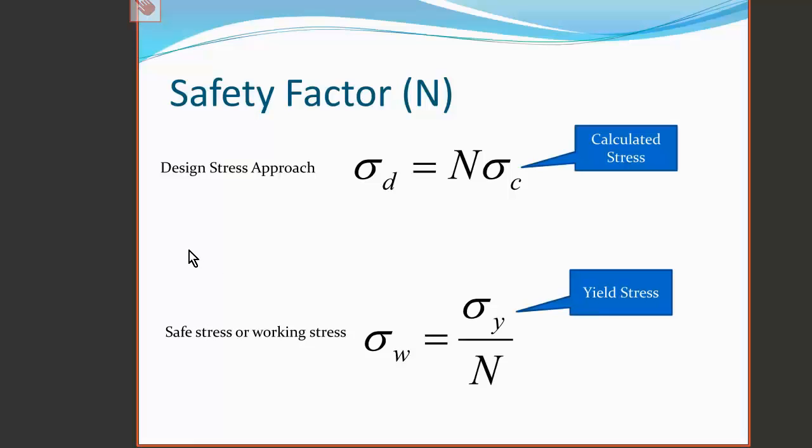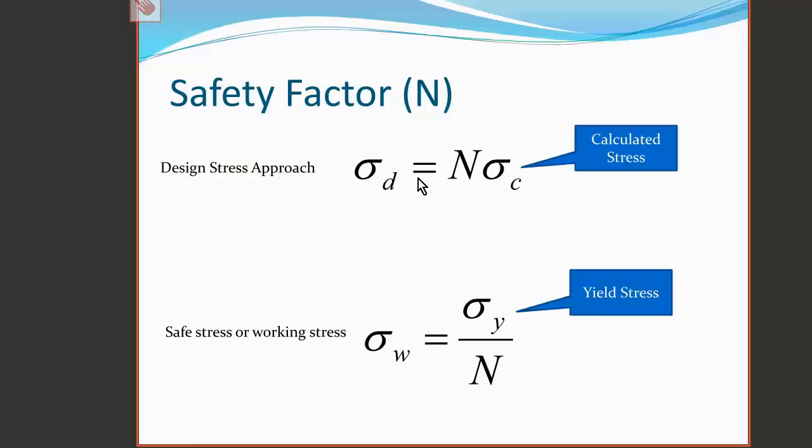There are two ways in which to do this. Let n be the safety factor. We can multiply the calculated stress, which is the stress that we expect to be generated in the material, by the safety factor, and we will get the design stress.